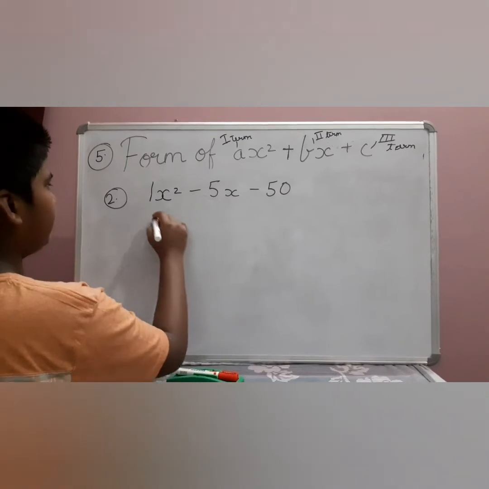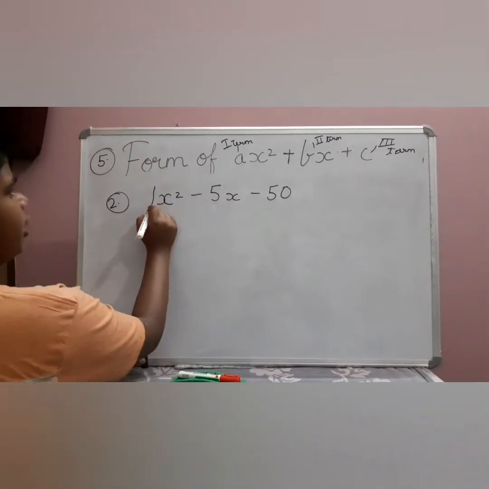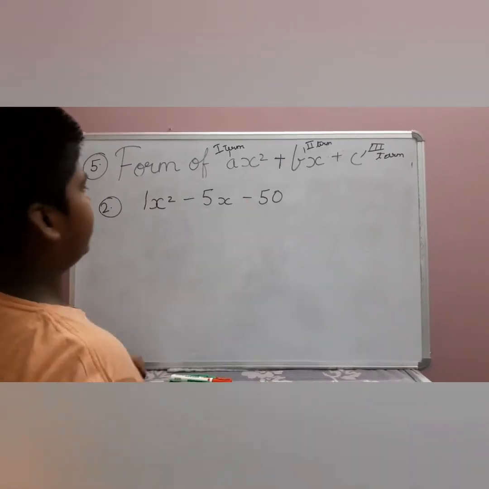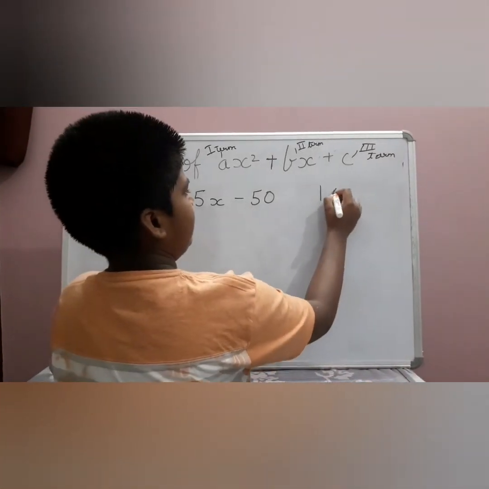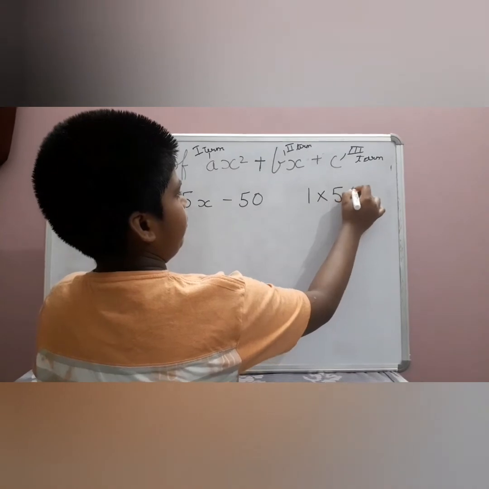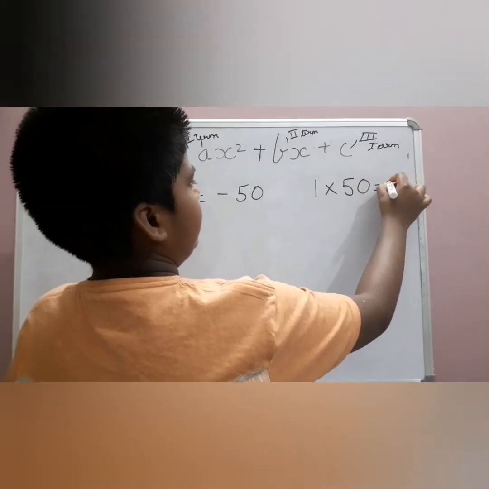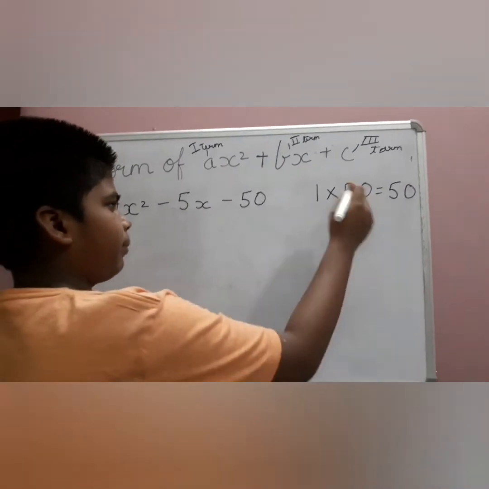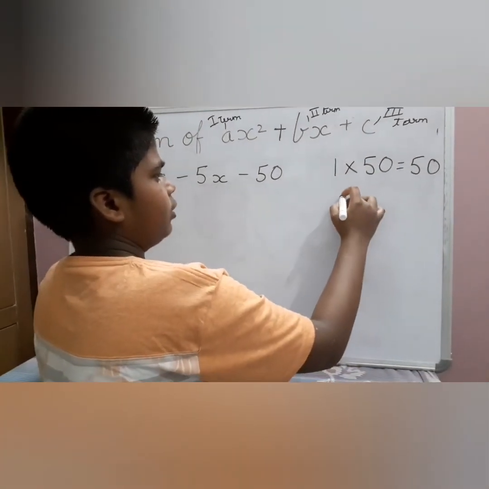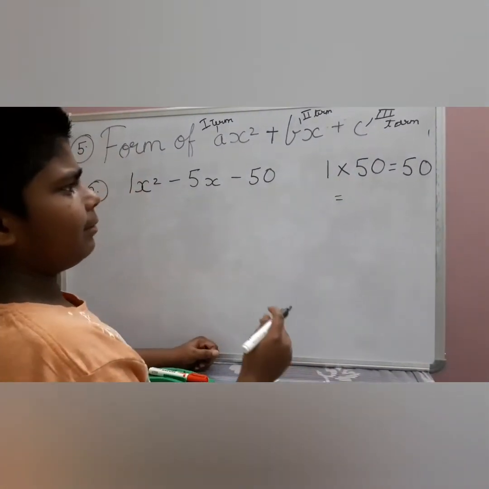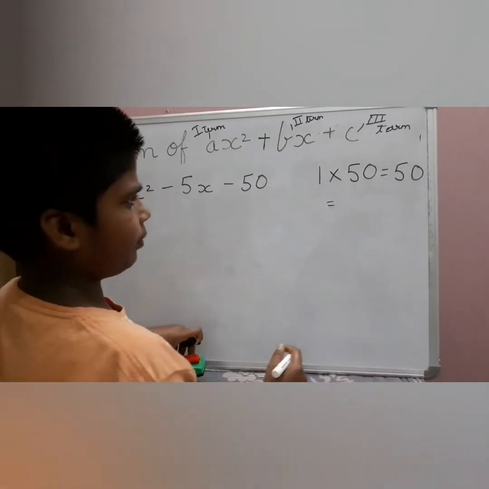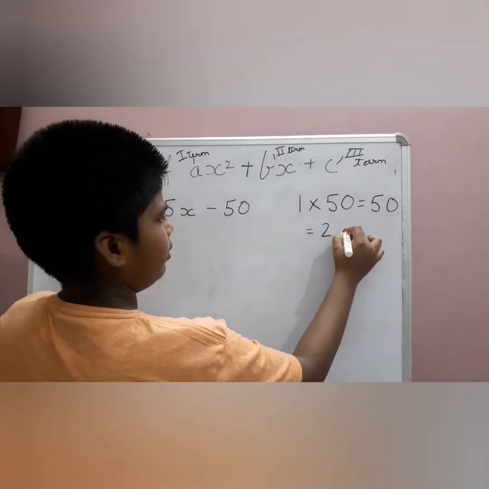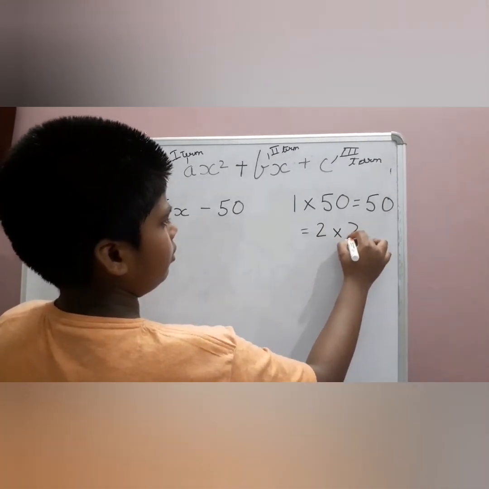Now I have told you the way of solution. You will multiply the coefficient of the first term and the third term. If we multiply 1 into 50, we get 50. Then we will make factors of the product. Our product is 50, so first we'll make small factors. The smallest factor is 2 into 25.